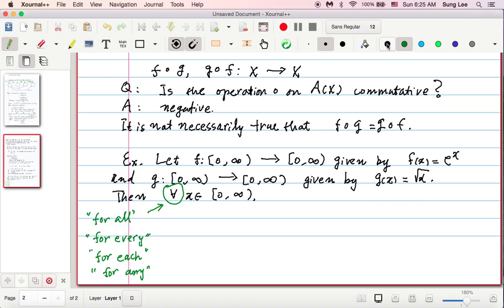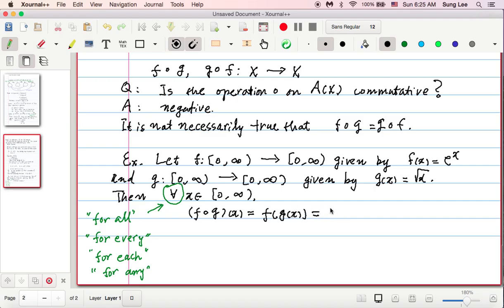Anyway, going back to our discussion, I'm now going to calculate each of these on this x and see what happens. First, g followed by f acting on x, by definition, is f of g of x.